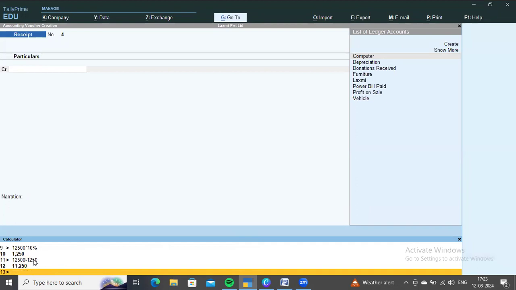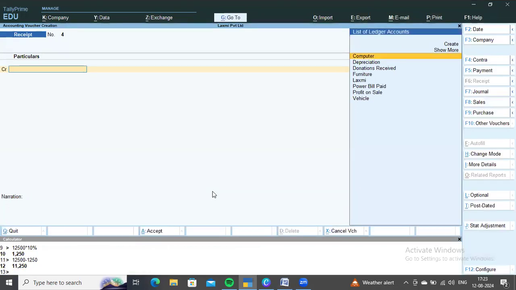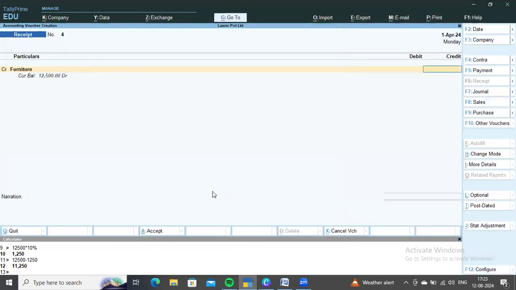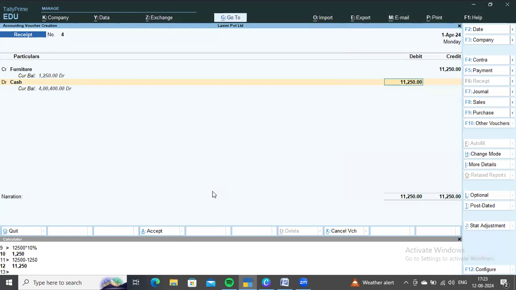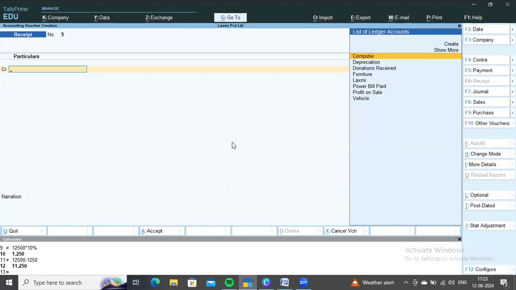Now the amount that you are selling the furniture for is 11,250. Credit furniture account as furniture is going out 11,250, and debit cash account as cash is coming in, right? Then press Ctrl A.